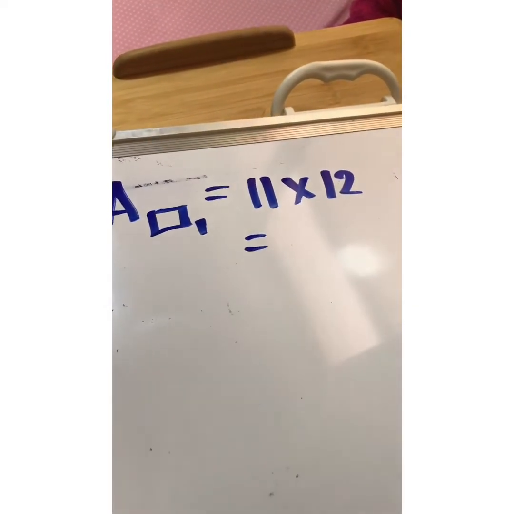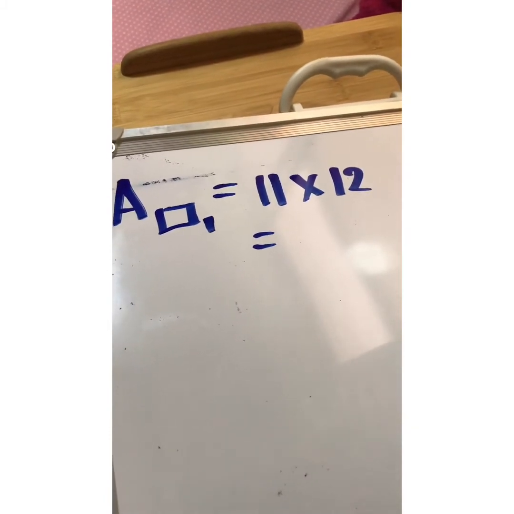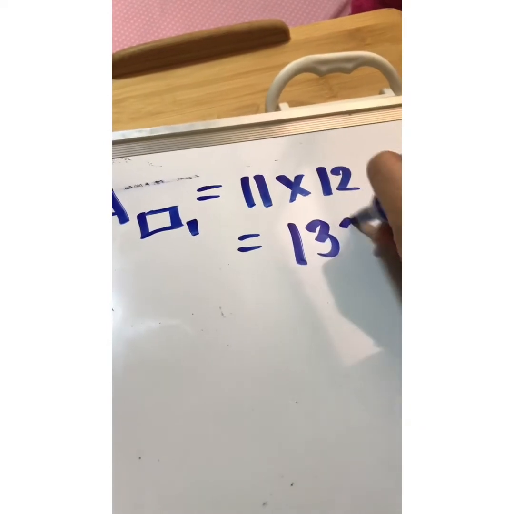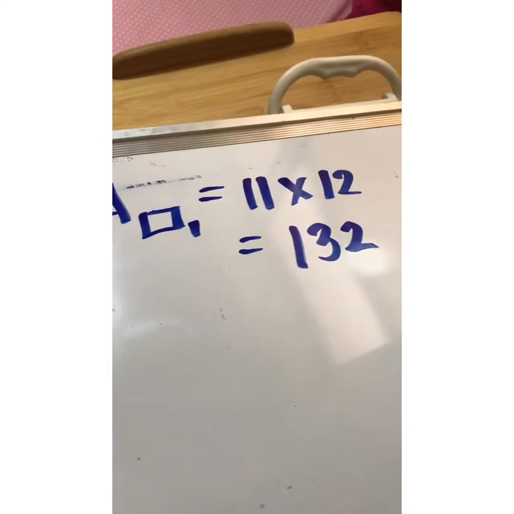What's the answer? Okay, correct. We got 132. That's for rectangle 1. So you can write it on the side. 60 plus 60 plus 132. Plus, we need two more faces.